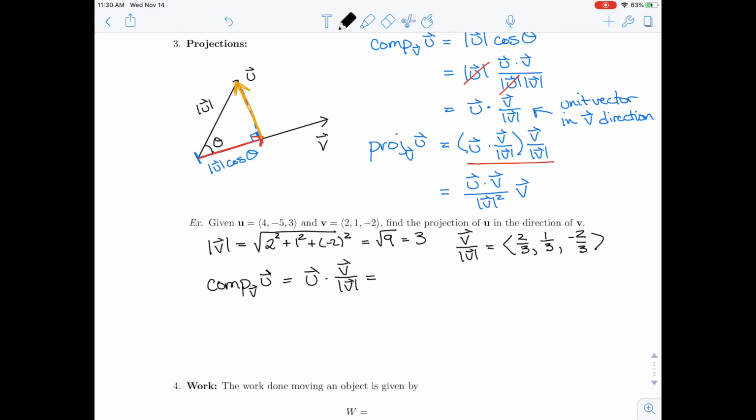Okay, so the dot product is going to be then 4 times 2/3 plus negative 5 times 1/3 plus 3 times negative 2/3.